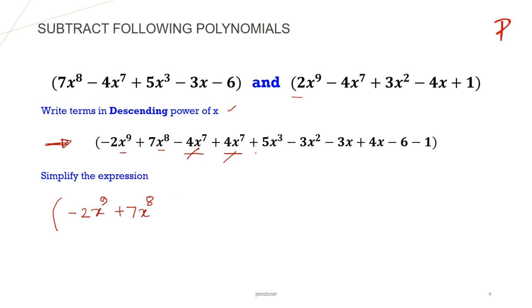After that, we'll go to x cube: plus 5x cube. Then I will come to x square. We do not have any other term having similar power of x, so I will write minus 3x square. Then we have minus 3x plus 4x, so I will write x as it is. Here minus 3 and plus 4 is plus 1, that is plus x, right?